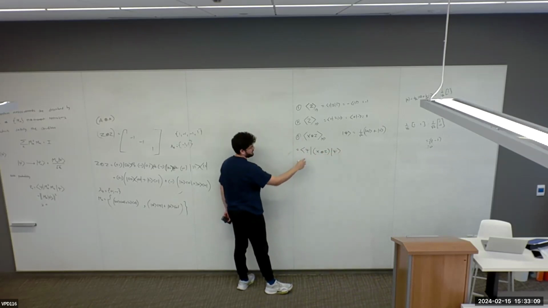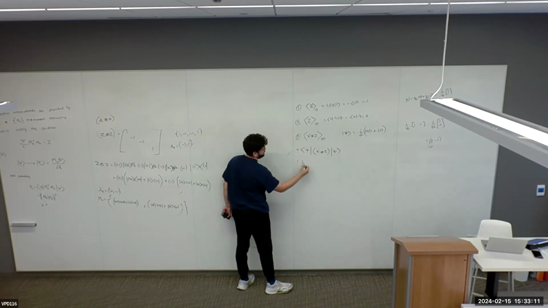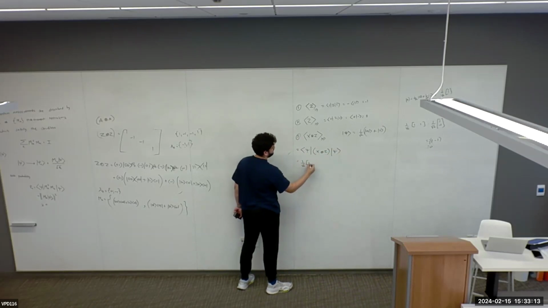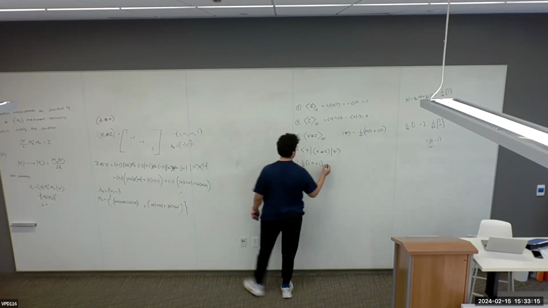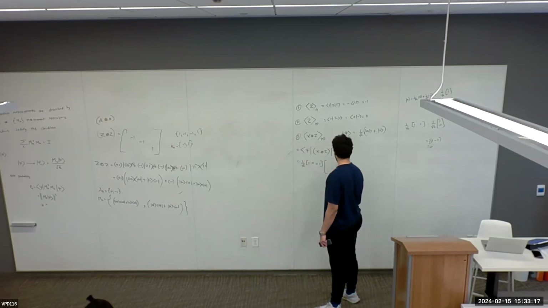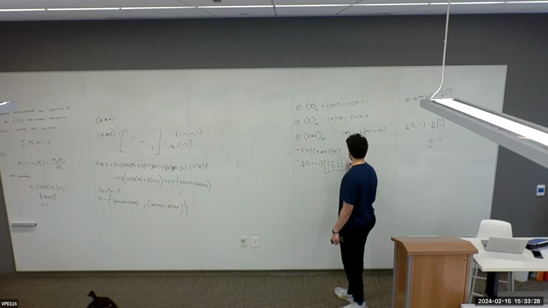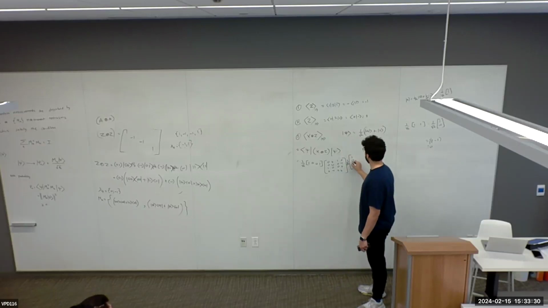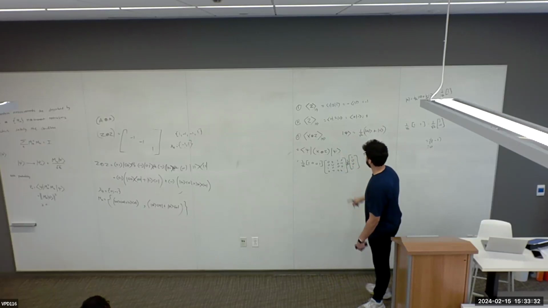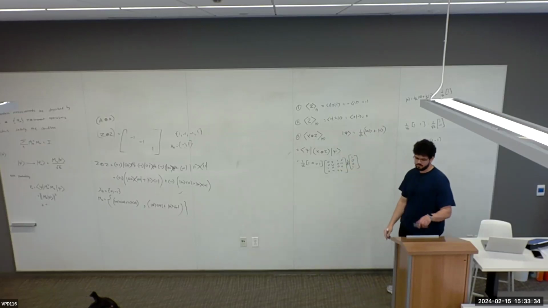So what is bra psi? It is 1 over √2 times the vector 1 0 0 1. What is X tensor Z? It is the matrix with rows 0 1 0 0, 1 0 0 0, and so on, and then the same 1 over √2 1 0 0 1, and then you just do matrix-vector multiplication.